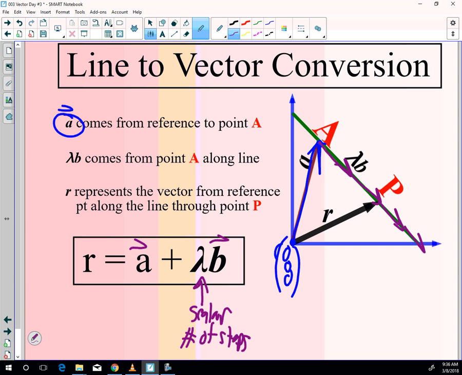With this combination, I can get any point along that line from the frame of reference. And this is how we're going to represent a line. And then eventually we're going to represent a plane, but not yet.